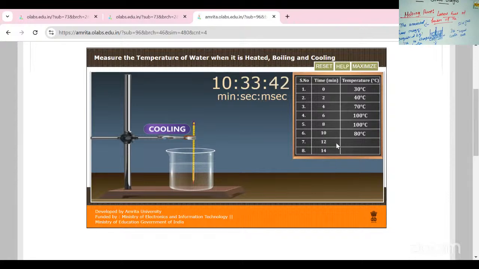After 2 minutes, that is the 12th minute, the temperature level is 60. So look at here. This process is also called cooling. The first one was the boiling process. So 50 degrees Celsius, so 30 degrees Celsius is decreased.